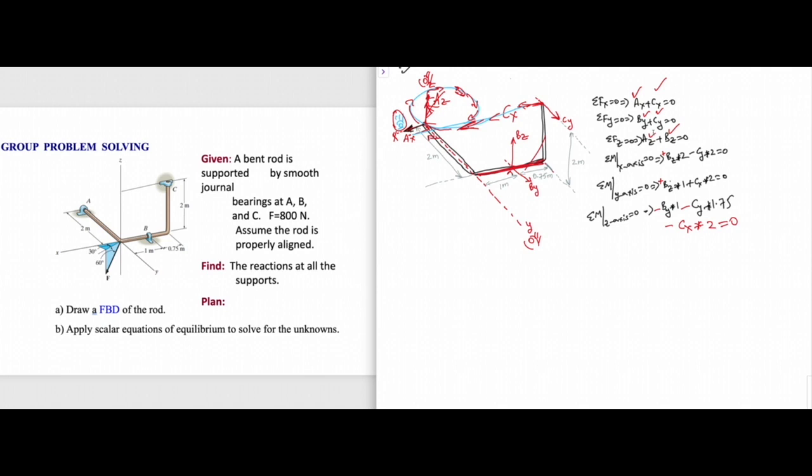That implies I can say Bz here is negative Cx times 2, or nothing but negative 2Cx. So Bz is negative 2Cx. Then wherever I find Bz, I'll write it as negative 2Cx. Now I can find Cy in terms of Cx.